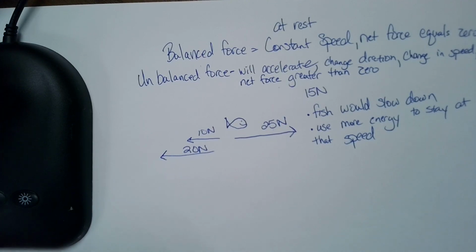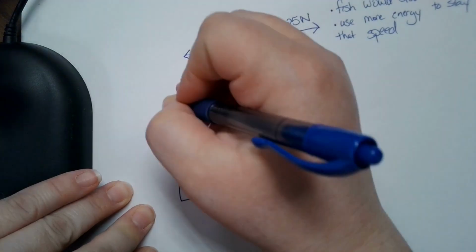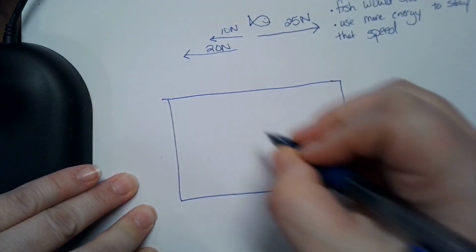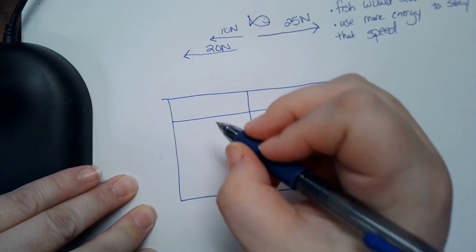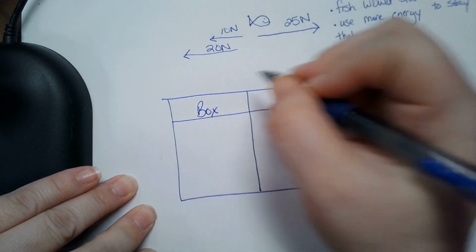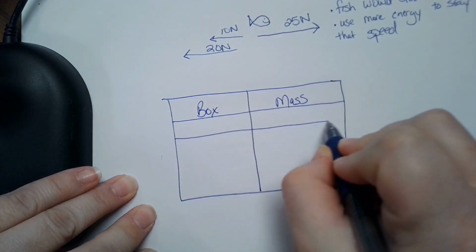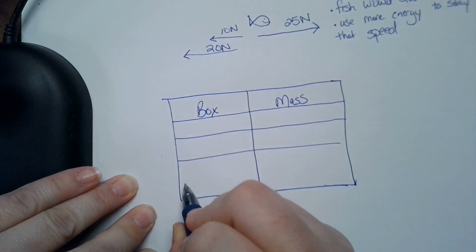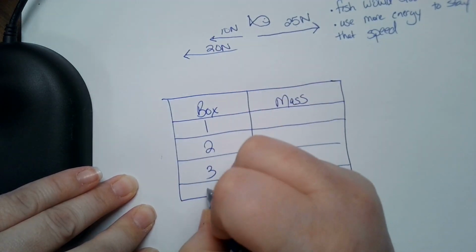Also, another thing you have to consider is if we have a box here, and let's say that these are my boxes, and this is my mass. These are my masses over here. We've got box 1, 2, 3, and 4.